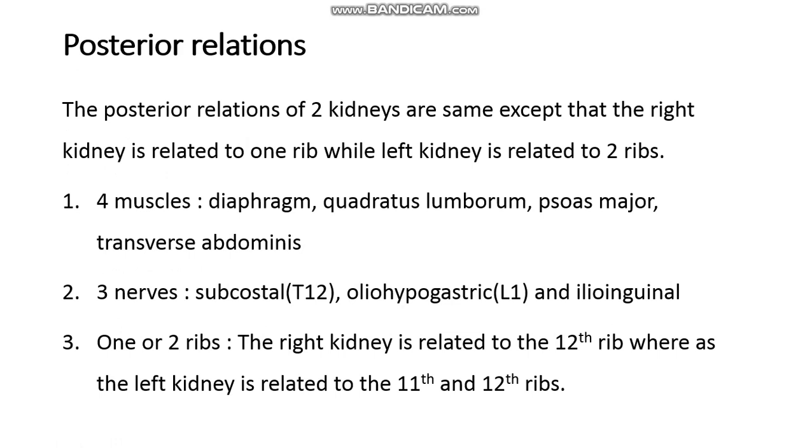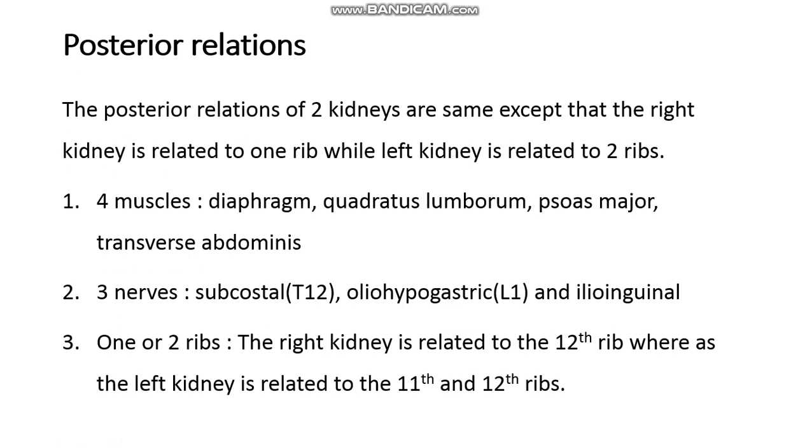Both kidneys are related to four muscles, which are diaphragm, quadratus lumborum, psoas major and transversus abdominis. Then it is also related to three nerves: the subcostal nerve, T12, then the iliohypogastric nerve, L1, and the ilioinguinal nerve. So these are the three nerves.